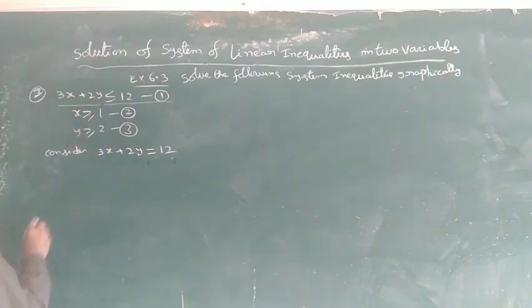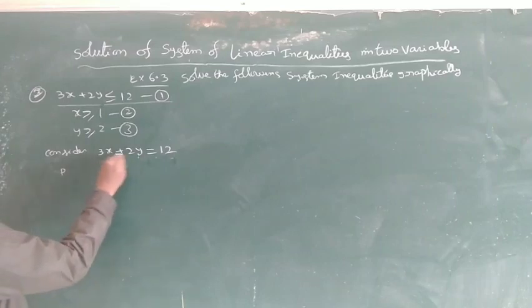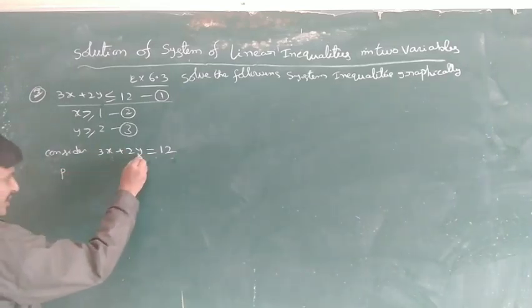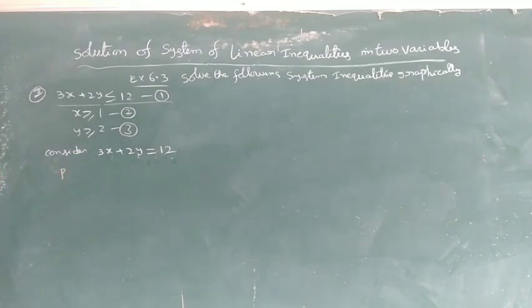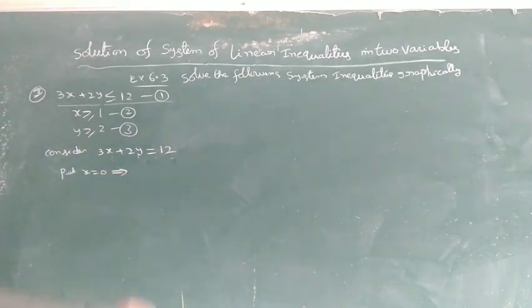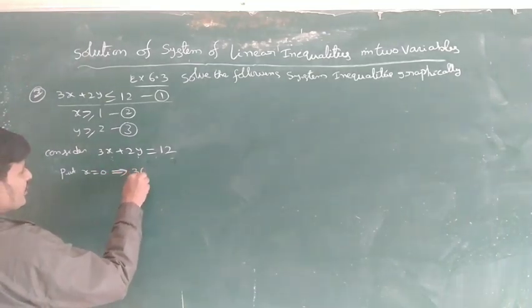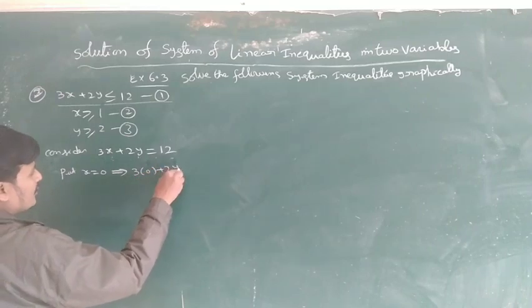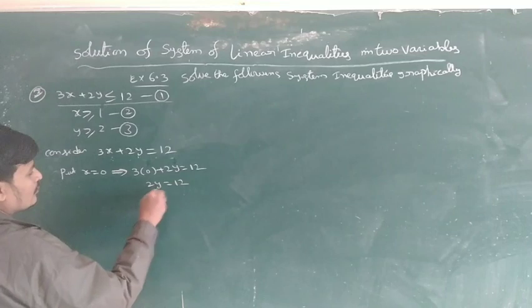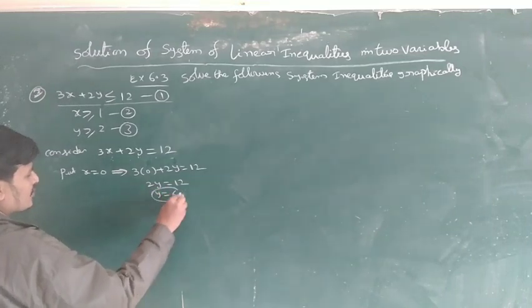First, x and y both variables are given, so this is the procedure. Put x is equal to 0. Then 3 into 0 plus 2 into y is equal to 12, so 2y is equal to 12, y is equal to 6.